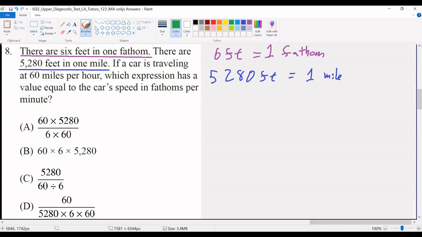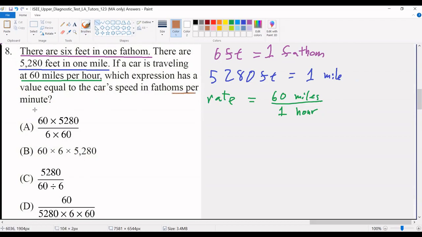If a car is traveling at 60 miles per hour, okay, so this is telling us we have a rate equal to 60 miles over 1 hour. Then we keep reading, which expression has the value equal to the car speed in fathoms per minute?